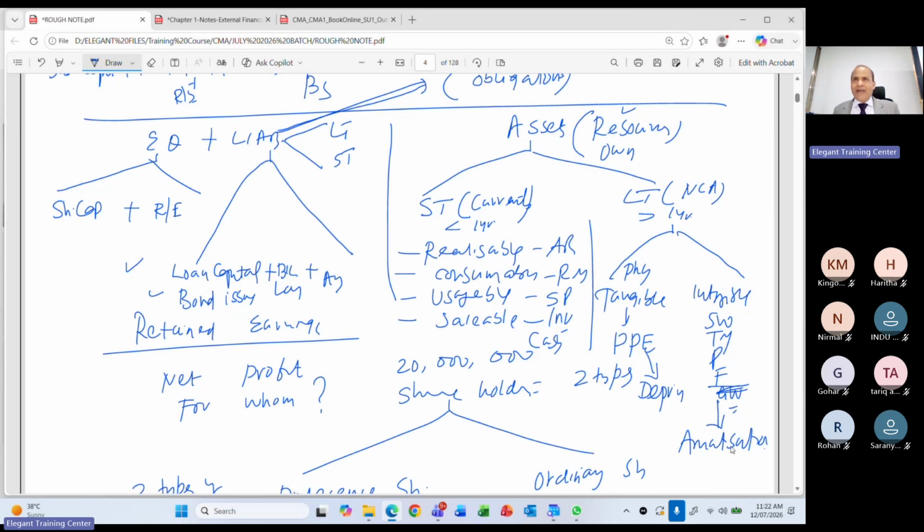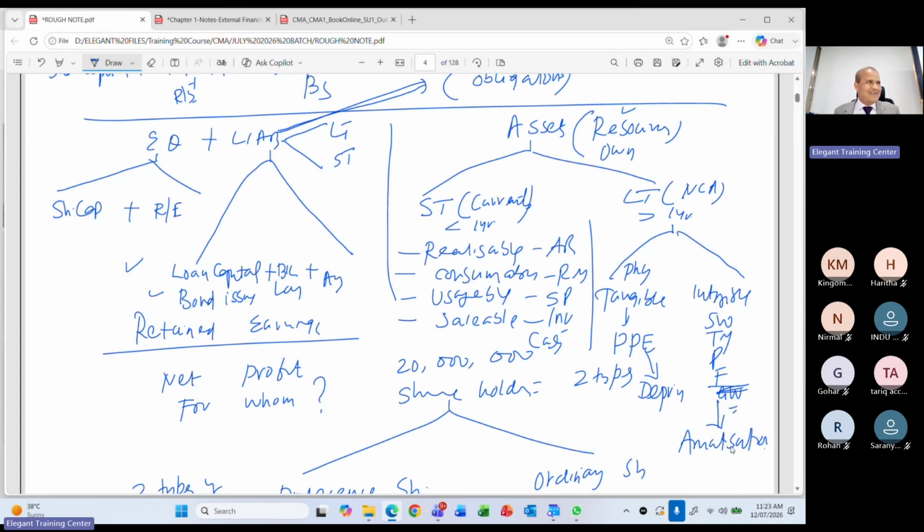Depreciation and amortization in the income statement appear under one heading: depreciation and amortization. So is depreciation an expense or not? Indu, is depreciation an expense or income?